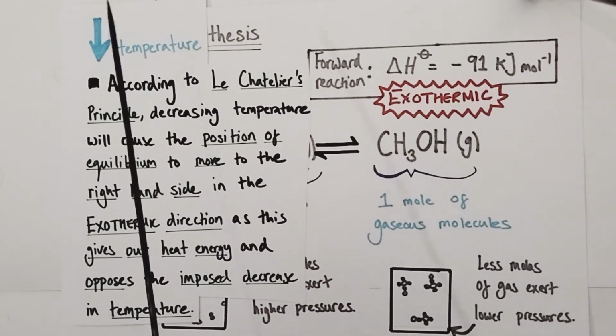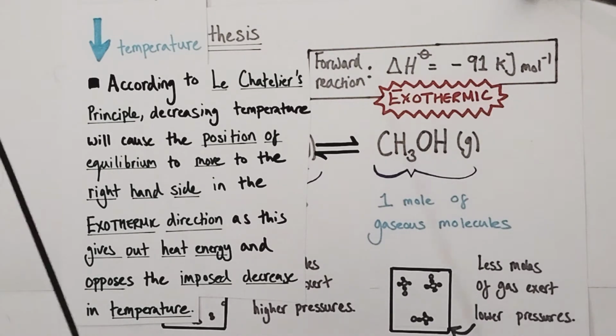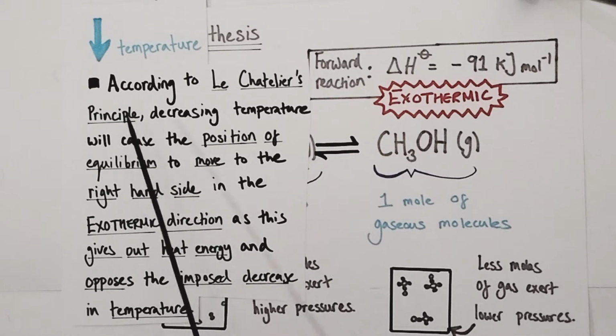Now, if we were to lower the temperature applied to this reaction system, according to Le Chatelier's principle, decreasing temperature would cause the position of equilibrium to shift to the right-hand side, in the direction of the exothermic reaction. Now, why would that be the case? Well, that's because the forward direction, the exothermic reaction, would be giving out heat energy to the surroundings.